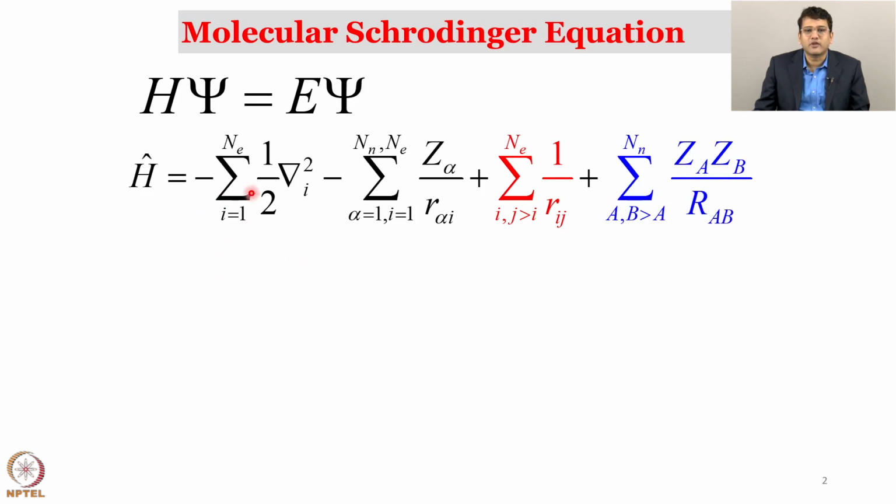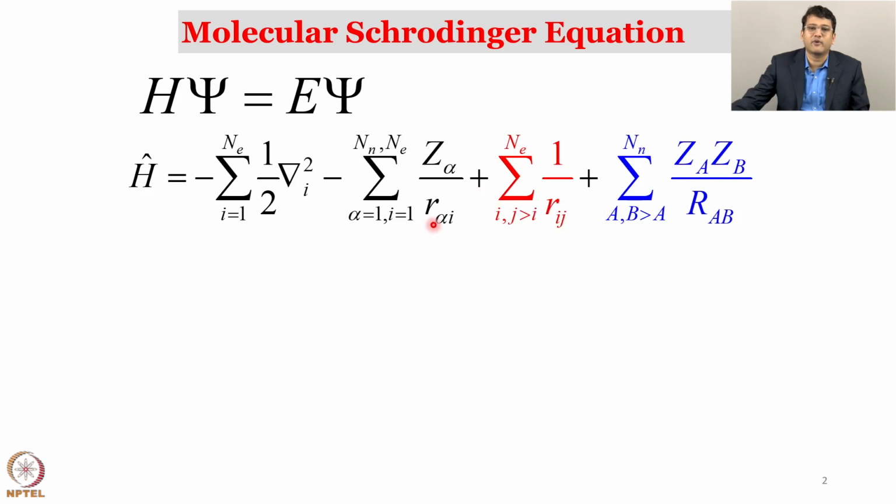Now if you see all these terms, the first and the second terms depend upon the coordinate of one electron only. So these two terms are often clubbed together and generally called the core Hamiltonian, and this is the Rij term. Because of this, the Hamiltonian cannot be exactly solved.